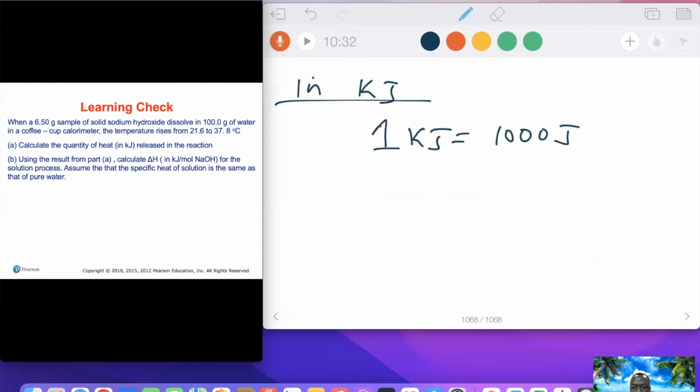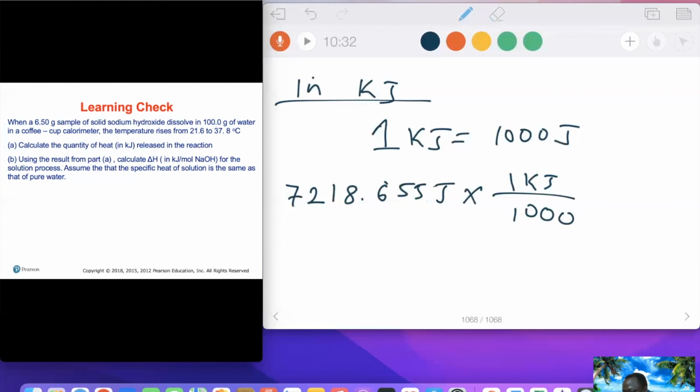So this will be 7218.6 joules divided by 1,000, so the joules will go away.